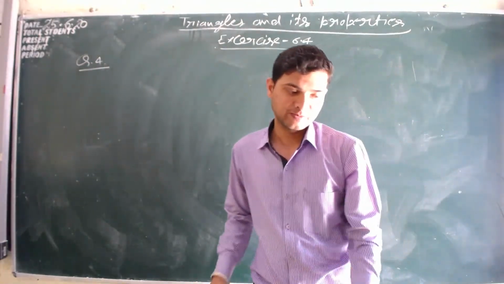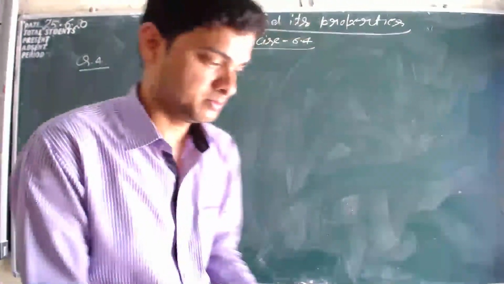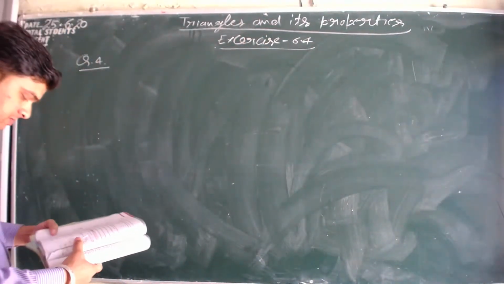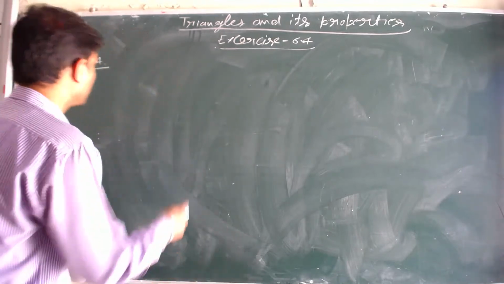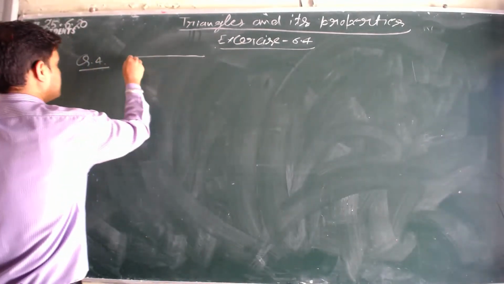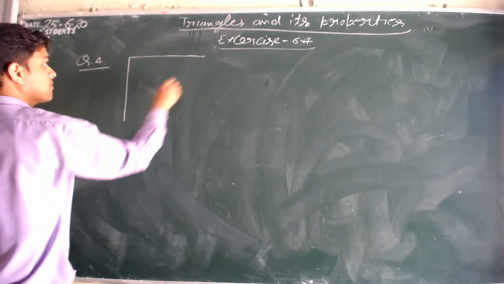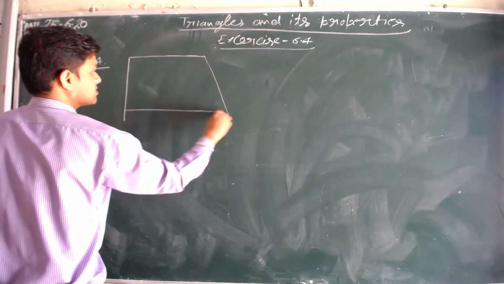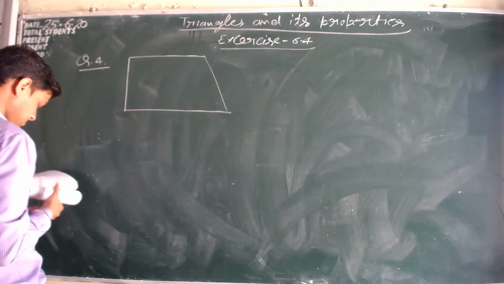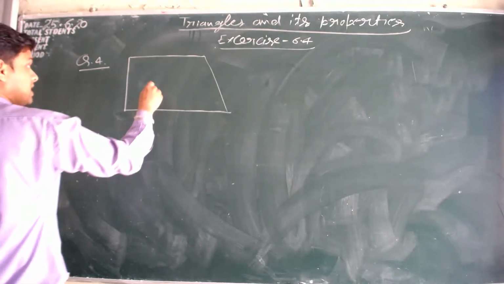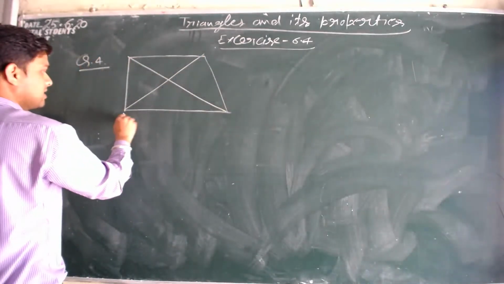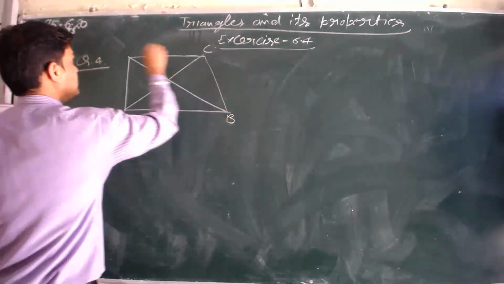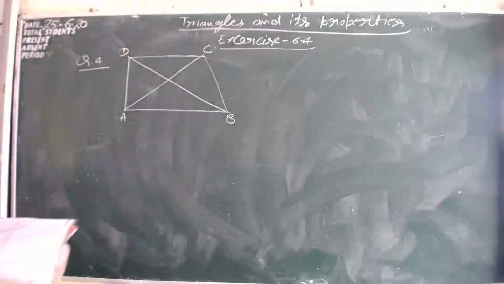Let me discuss the question number 4 of exercise 6.4. ABCD is a quadrilateral like this, and these are the two diagonals of ABCD.